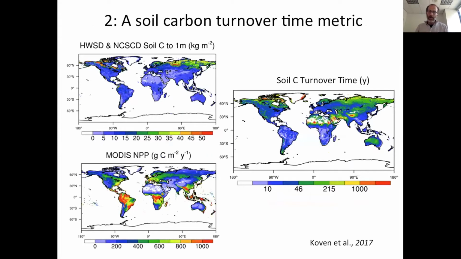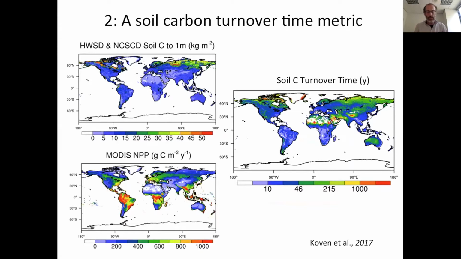Next I'm talking about a metric that I've been working on to look at the temperature effects on soil carbon turnover times. Here, on the left, I'm taking two big data sets, or two different types of data. One is soil carbon, and below that, the NPP, effectively the inputs of carbon into the soil based on net primary productivity.